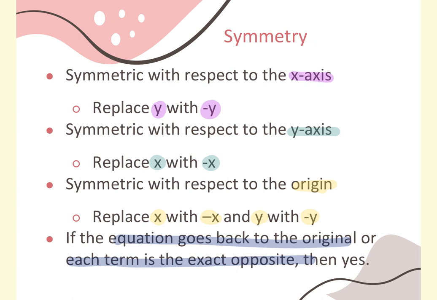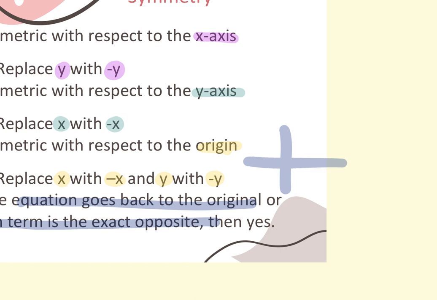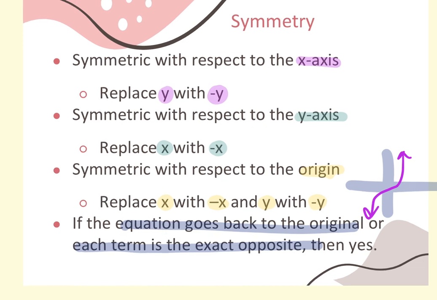You can either fold it down and over or in reverse. A cubic function would be symmetric with respect to the origin. If I fold the top down and then from right to left, those overlap. That's the idea. And your x values and your y values have just changed sign. That's what happens there.